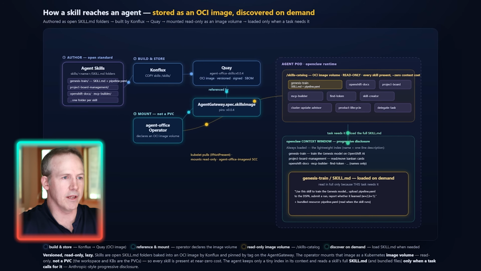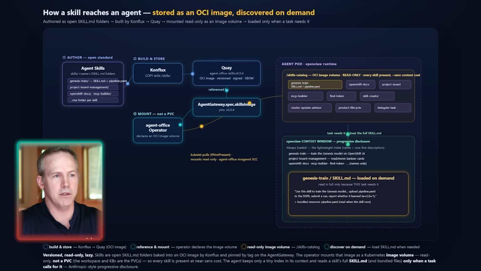It has tags, it's got tag history, and I used Konflux to build this. Konflux is the Red Hat way of building software. So this image gets packaged up and stored into the repository that is also running on OpenShift, the enterprise level OpenShift repository.